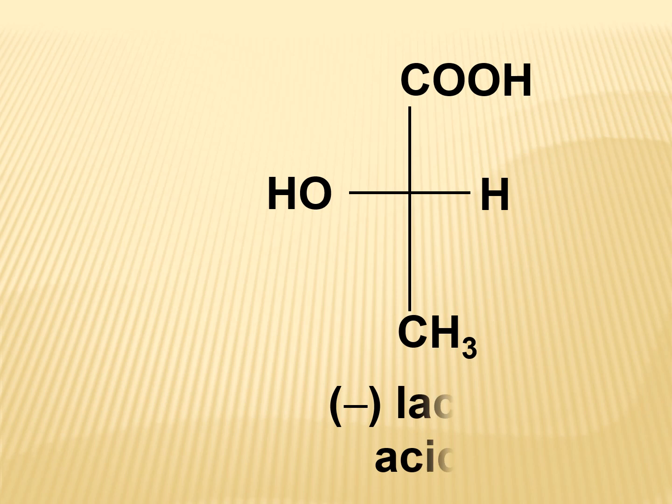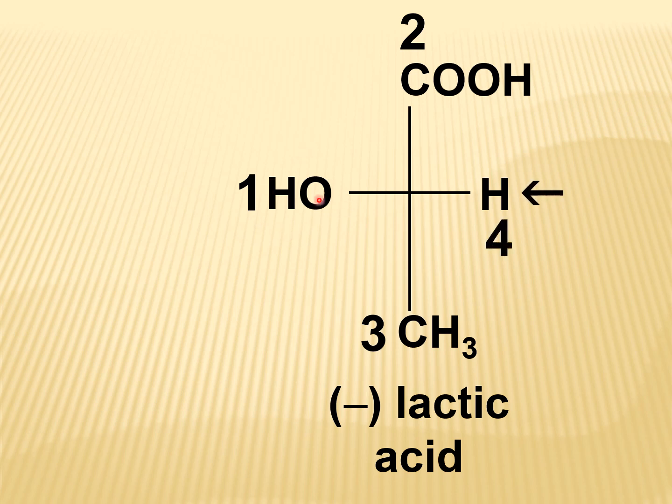This is L lactic acid. Okay, this is minus lactic acid, levorotatory lactic acid. Now here again we are naming the groups. This is 1, this is 2, this is 3, and this is 4. We are viewing from a direction behind the least priority group, and then we are moving from 1 to 2 to 3.